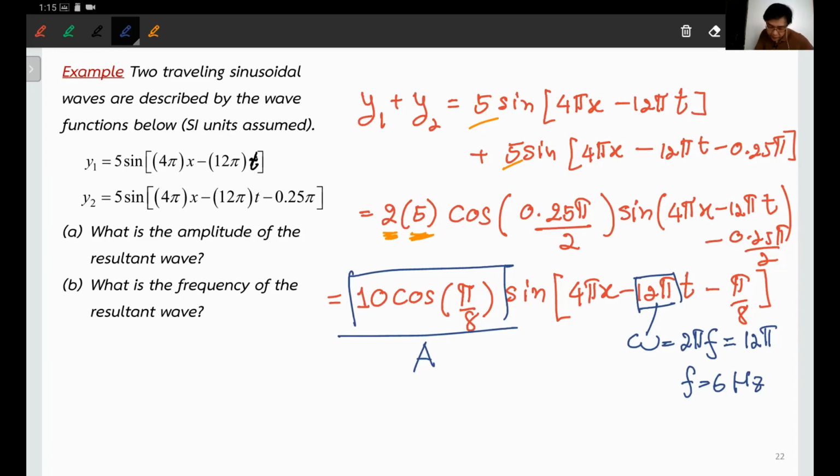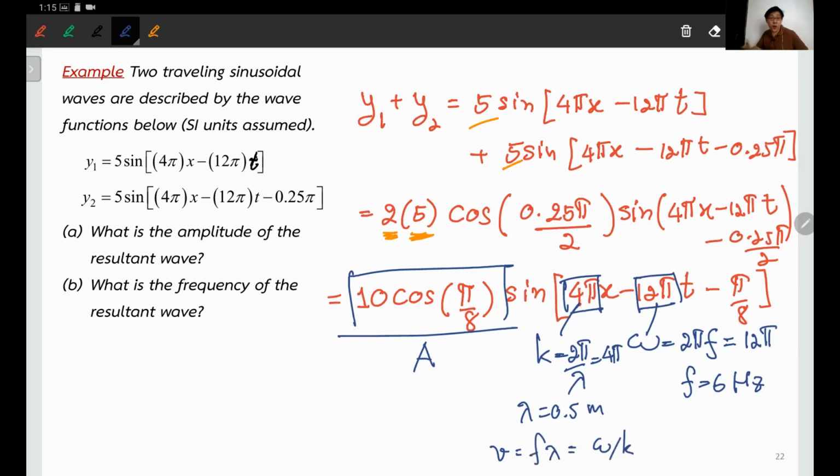I can even add on top of this, the number in front of x is your k. K is 2 pi over lambda, so I can say that lambda is 0.5 meter. And from here, you know the frequency and the wavelength, so you can figure out the speed of this wave.